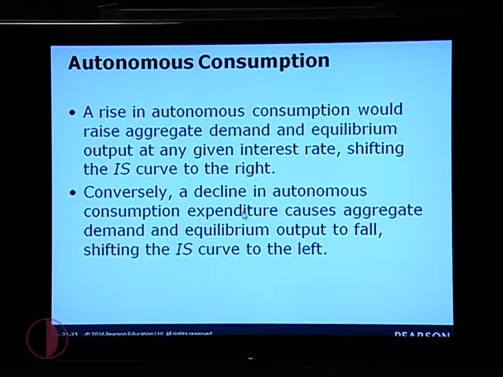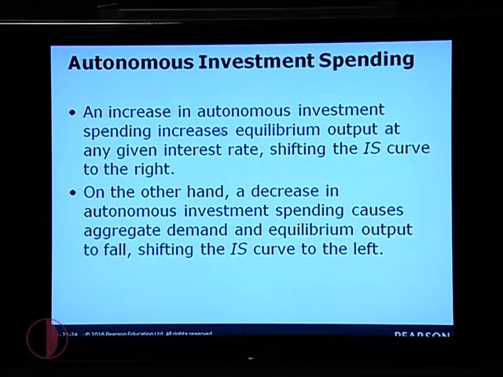Conversely, a decline will shift the IS curve to the left. Autonomous investment: an increase in autonomous investment spending increases equilibrium output at any given interest rate, shifting the IS curve to the right. So also a decrease in autonomous investment will shift the IS curve to the left.